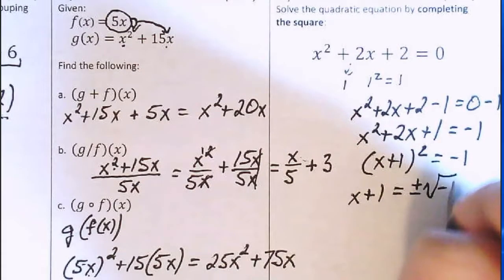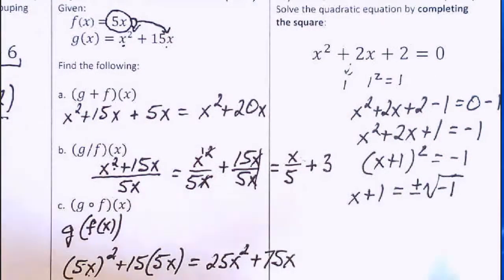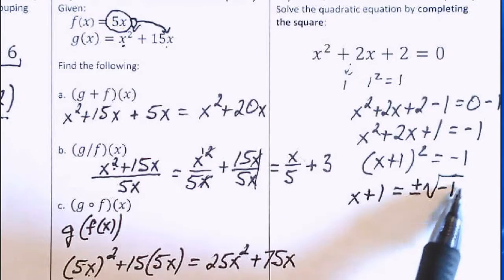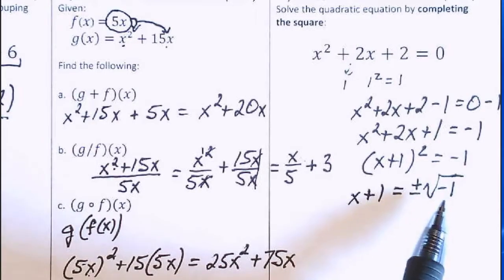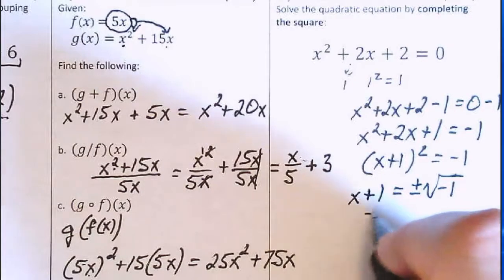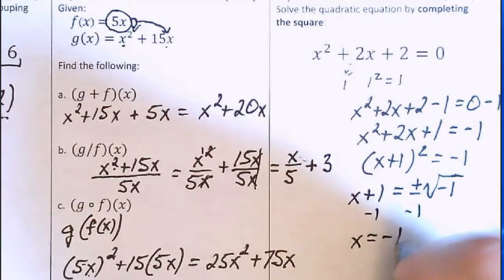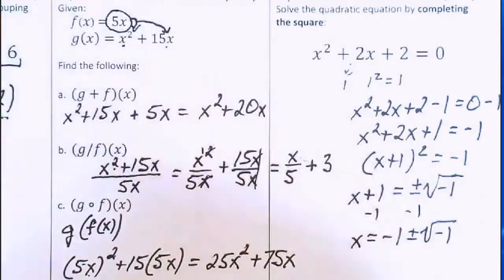Now this is an interesting problem because over here on the right side we have the square root of a negative number, and that has no solutions in the set of real numbers. It does have solutions in the set of complex numbers. So in the next step, when we subtract 1 from both sides, we get that x equals negative 1 plus or minus the square root of negative 1.